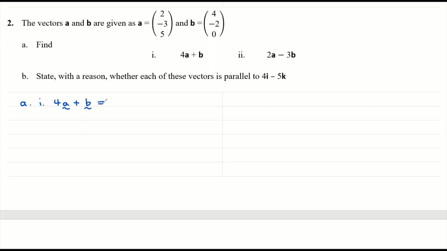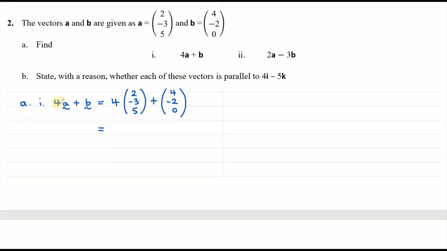We can do this in column vector notation all the way through. So this is going to be 4 lots of the vector (2, -3, 5), as it's defined in the question, plus (4, -2, 0).